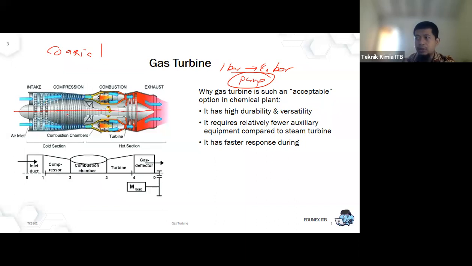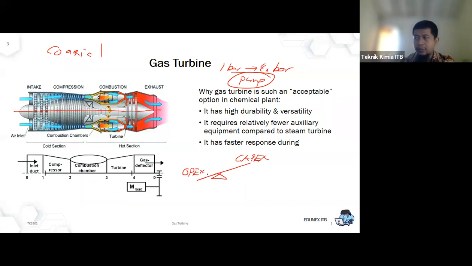So when you are designing a chemical plant, there are always two aspects here: OPEX and CAPEX. You know OPEX and CAPEX? OPEX means operational expenditure, and CAPEX is capital expenditure.